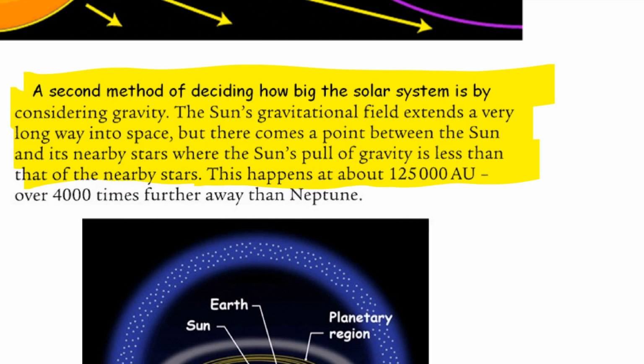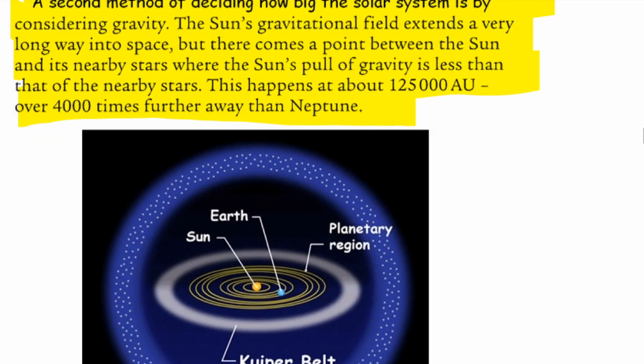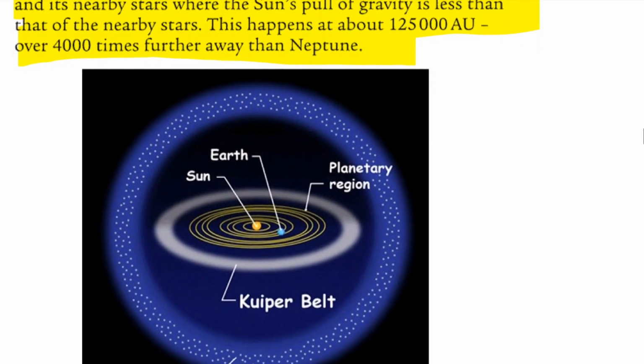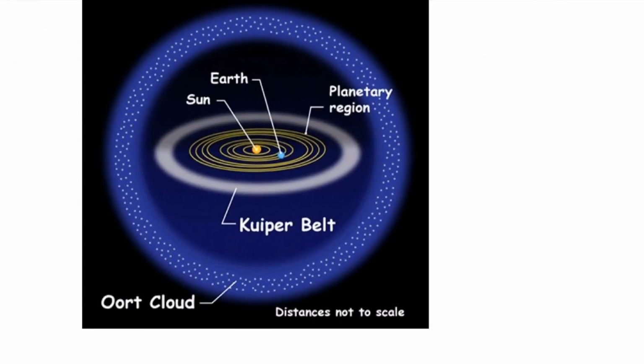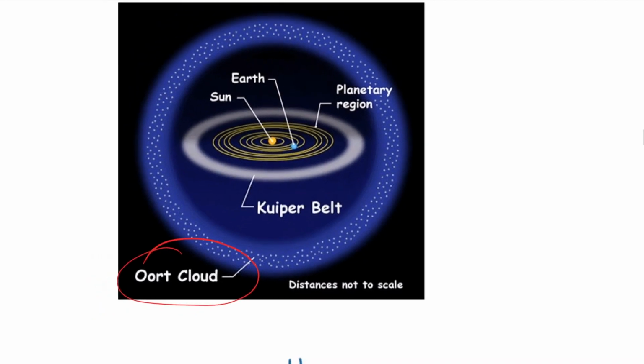Remember, an astronomical unit is the distance from the sun to the earth. That's over 4,000 times further away than Neptune. Now you remember Brian Cox again talking about this Oort cloud. Distance is not the scale, obviously.